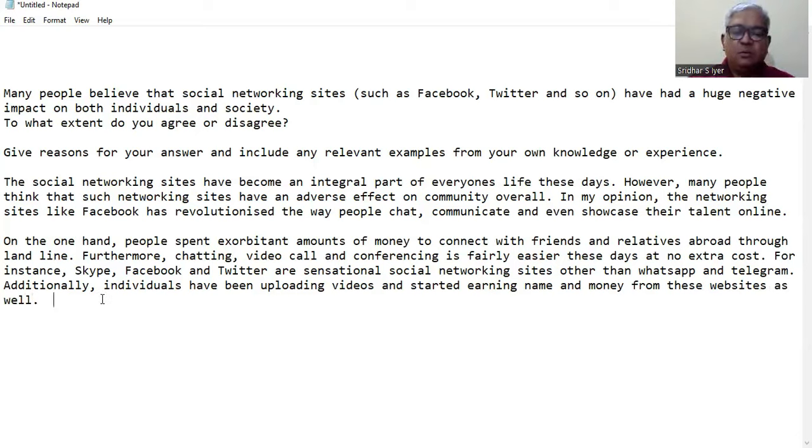Okay, so why am I just talking about positive? Because I think Facebook is mostly positive. People who get duped or get fraudulently involved in some kind of activity are the people who are either innocent, according to me, or unaware that there is a possibility that they can be duped at all times.